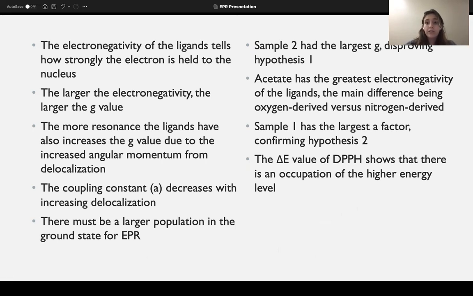So the Boltzmann distribution was slightly over 1, confirming that the population in the ground state is larger than the population of the excited state. But that's it. Thank you for listening.